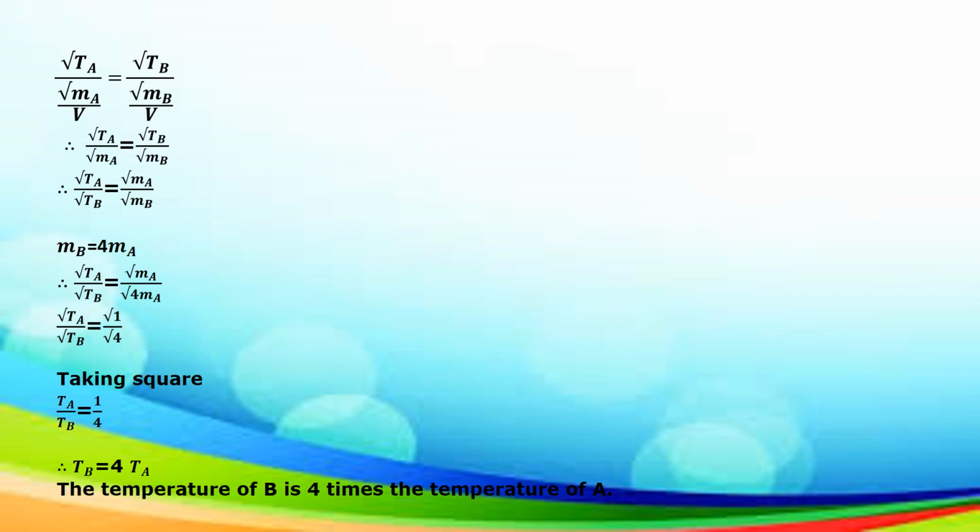We will get square root of TA upon square root of TB is equal to square root of 1 upon square root of 4. So taking square, TA upon TB is equal to 1 upon 4. So TB is equal to 4 into TA. This we are getting after cross multiplication. So we can say that the temperature of B is 4 times the temperature of A.